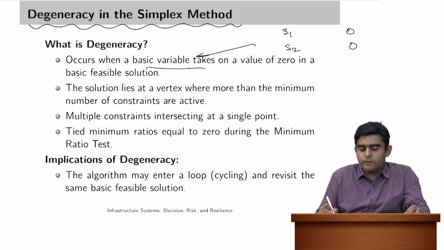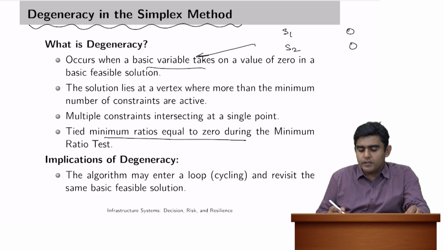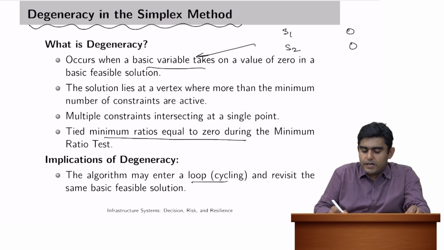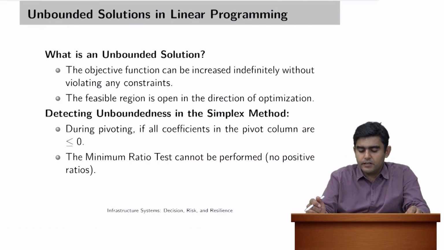As a result, the minimum ratios also become equal to 0, and the algorithm may enter a loop and revisit the same basic feasible solution again and again. And this is again where Bland's rule helps us get rid of this tie if there is multiple degeneracy in the solution.